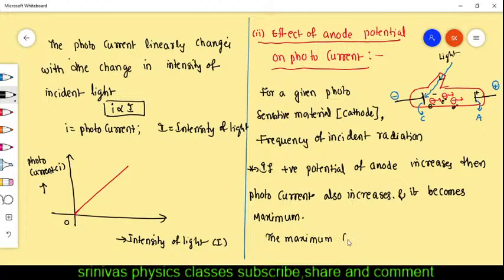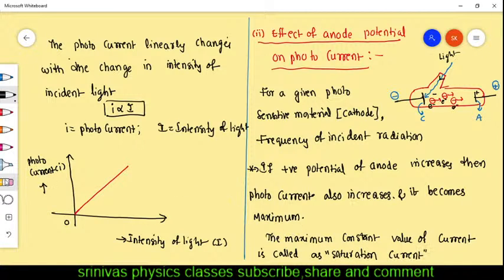The maximum constant value of current is called the saturation current. Saturation current means maximum current.